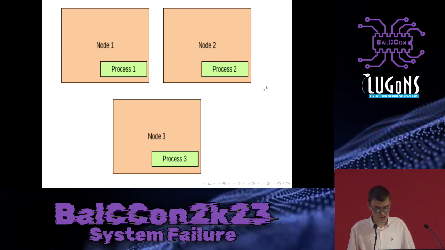These processes are instances of our service. Some requests will go to node 2 and process 2, and some requests will go to node 3 and process 3. But since this is a distributed system, we need to handle specific cases.